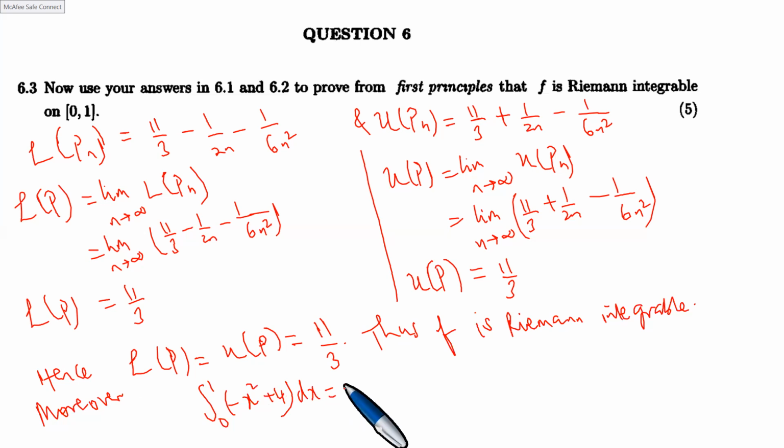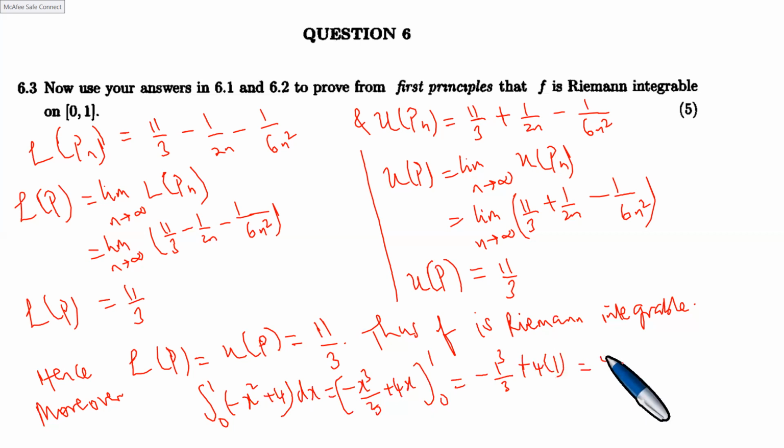The integral of x squared is x cubed over 3, so minus x cubed over 3, and the integral of 4 is 4x, from 0 to 1. Substitute: minus 1 cubed over 3 plus 4 into 1. 4 minus 1 over 3 is 12 minus 1, which is 11 over 3. And this 11 over 3 is the answer we got.